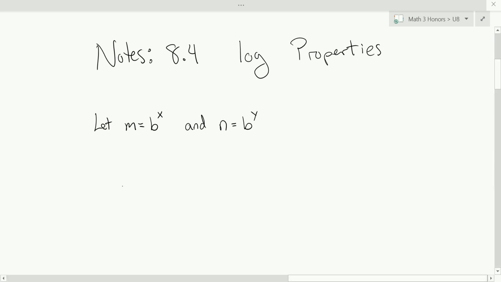Then we could say that b to the x plus y, using our rules of exponents here, is equal to b to the power of x, finish it for me, times b to the power of y.